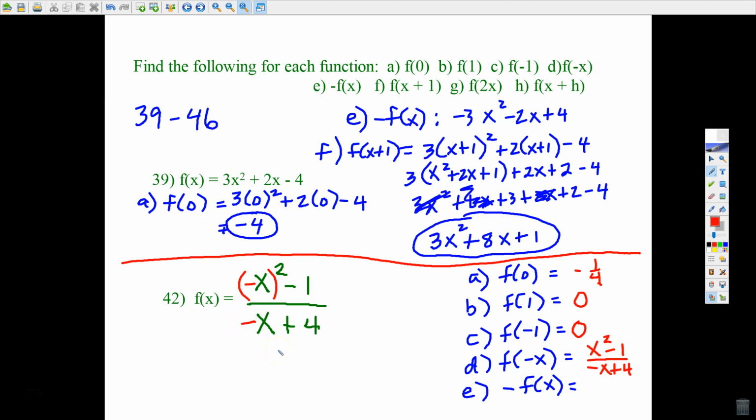And down here it just becomes negative x. If you square negative x, it's just x squared. I'm not sure how you're getting that. That's like saying if I square negative 2, I should get 2.